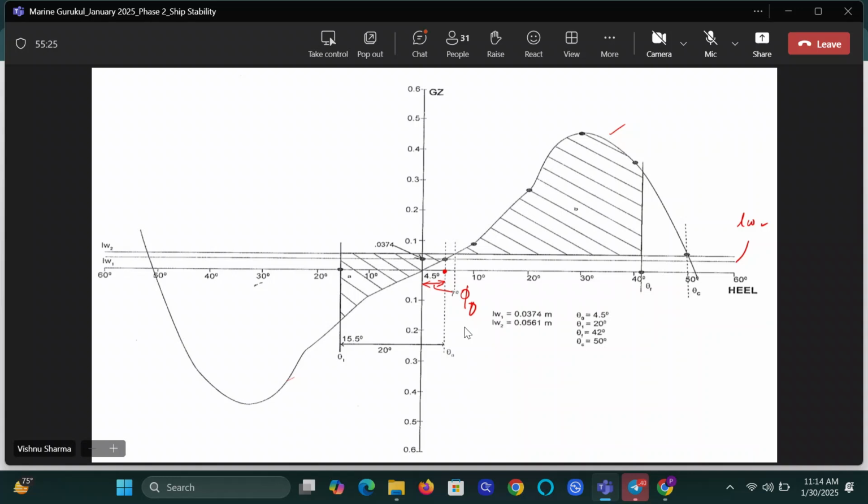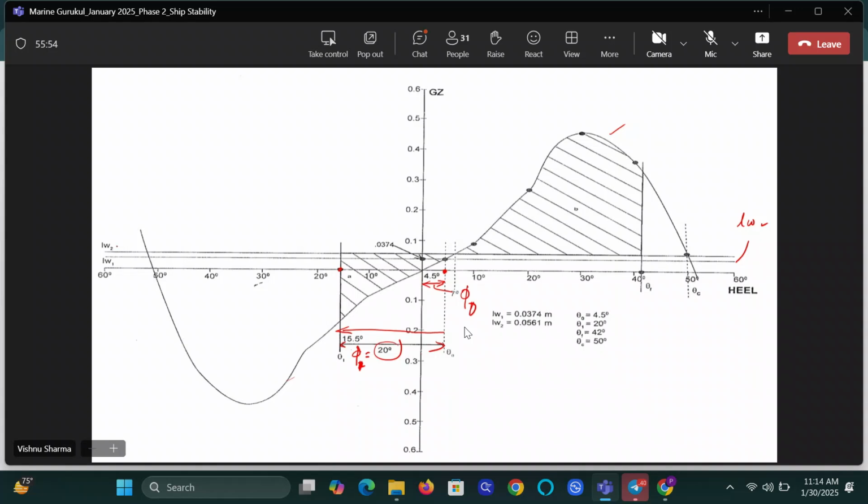Yes, sir. Then from here, the ship rolls through 22 degrees or whatever it was. Effectively it goes 15.5 degrees on the other side, because 15.5 plus 4.5 is 20 degrees. So this is 20 degrees of phi 2, phi 1.